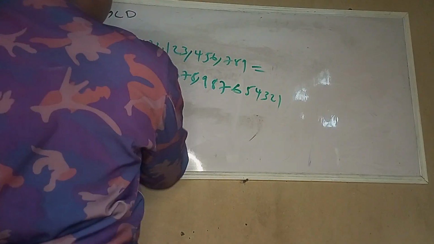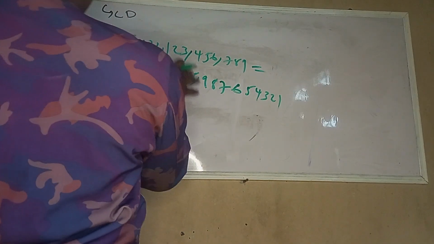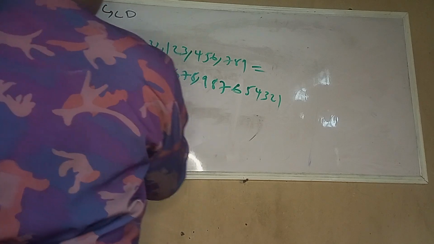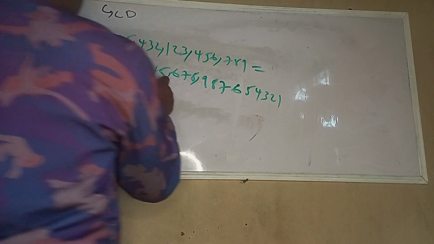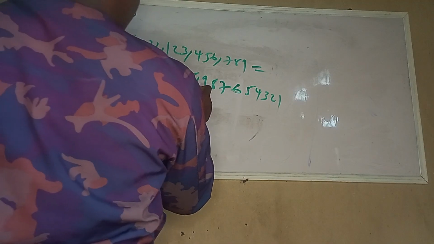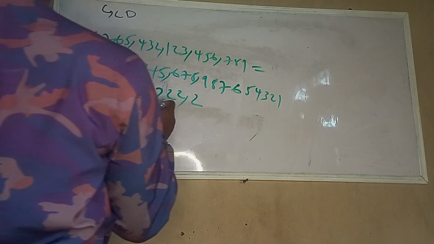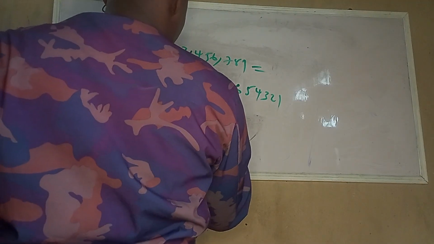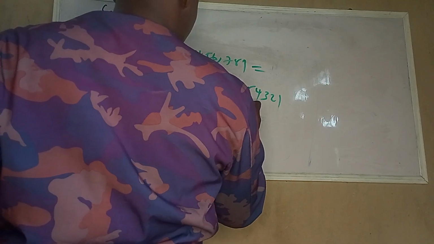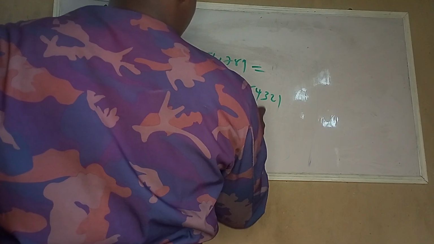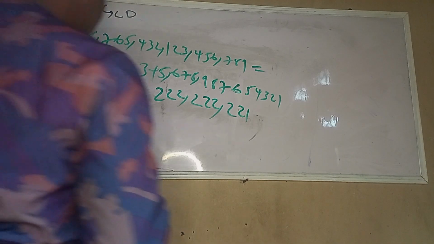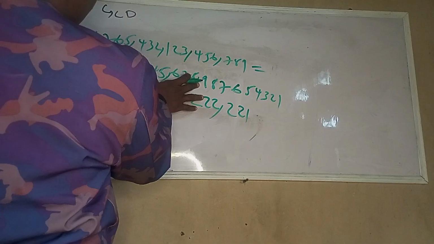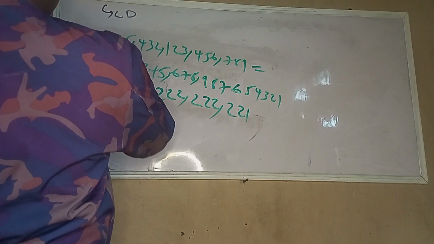When you multiply this one and subtract it from this one, it gives us the remainder of 222,222,221. So when you get this from our previous number, you get the quotient. This is the whole number.